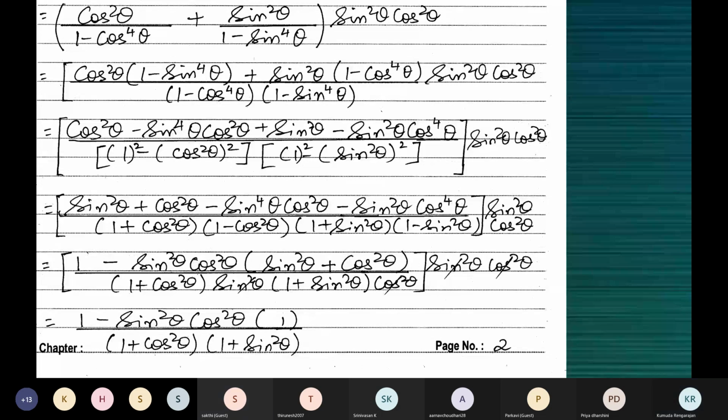Okay, ma'am. No, see Shakti, tan theta is sine theta by cos theta, correct? Yes, ma'am. Square on both the sides, what will you get? Tan square theta is equal to sine square theta by cos square theta, ma'am. Yeah, so that is true. So when you find tan square theta, you can write it as sine square theta by cos square theta. What is sine 90 minus theta?